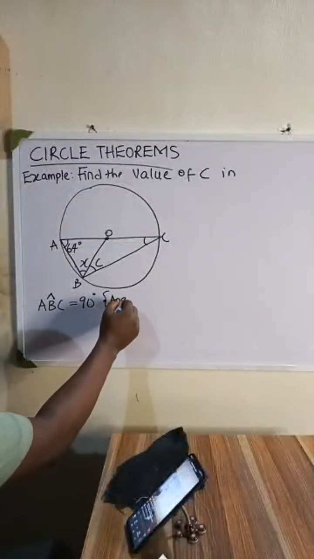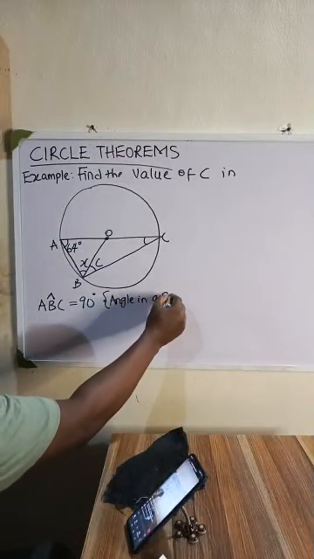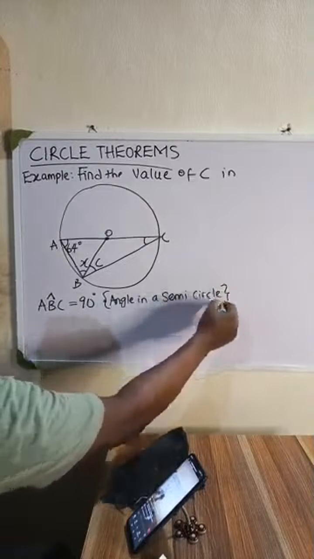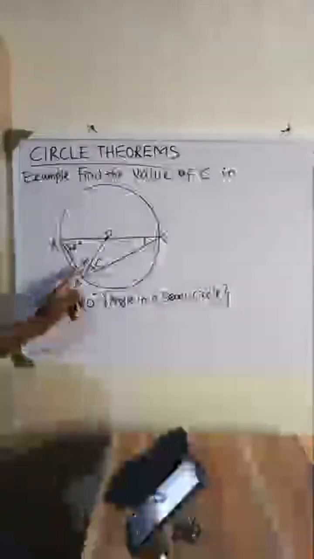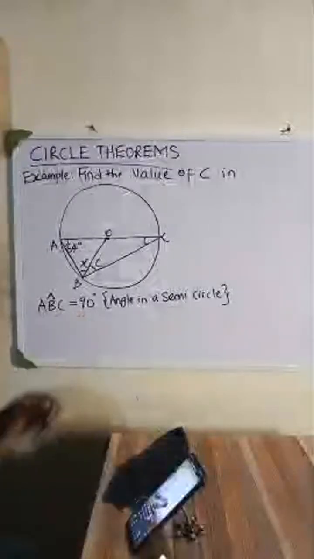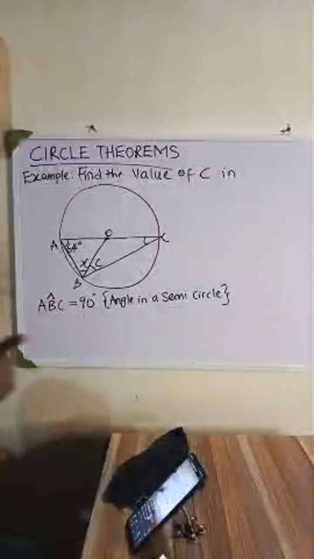Angle in a semicircle, right? So the entire angle at B is equal to 90 degrees. But this 90 degrees is made up of X and C.